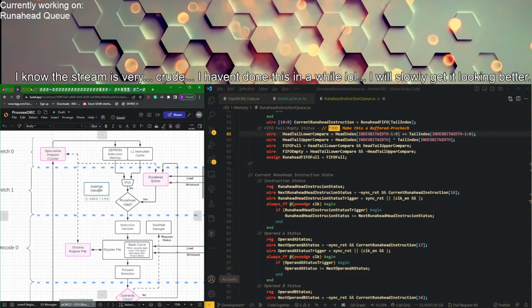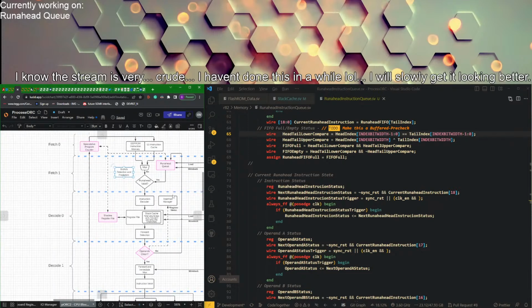Where's the spec though? Oh, that's complicated. Oh wait, no. There's a website called Open Cores. Yes, it's not that good.